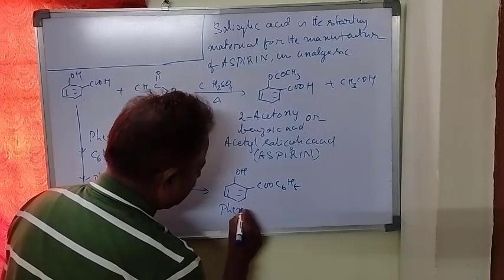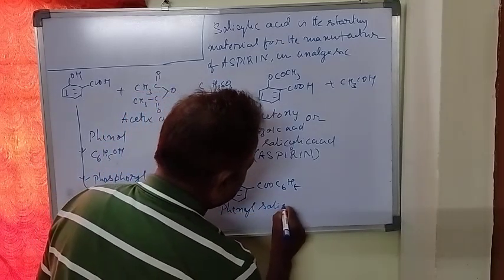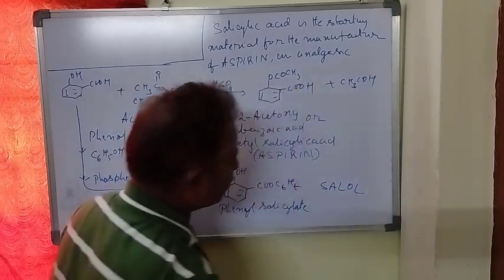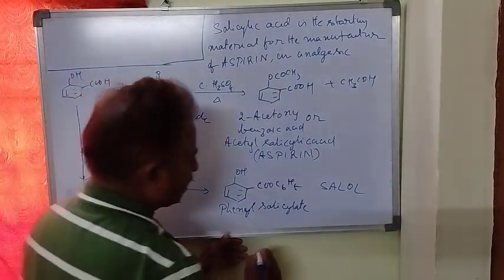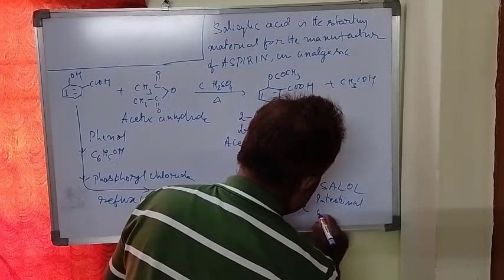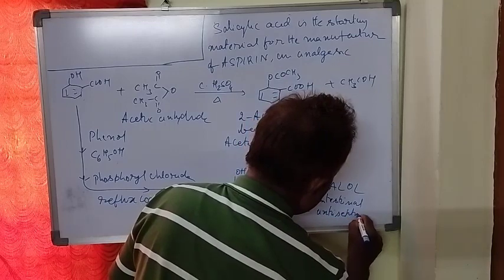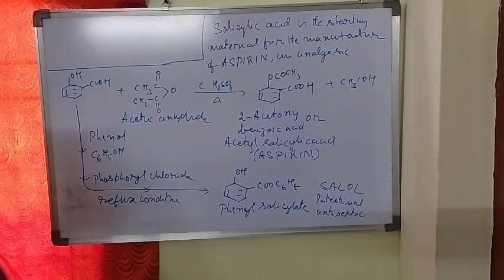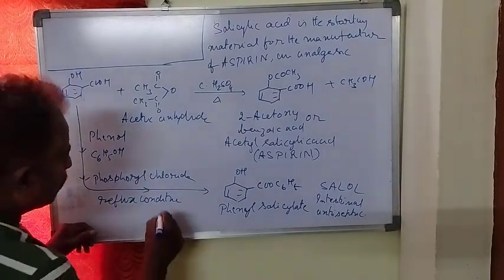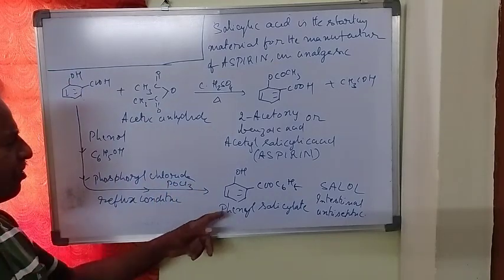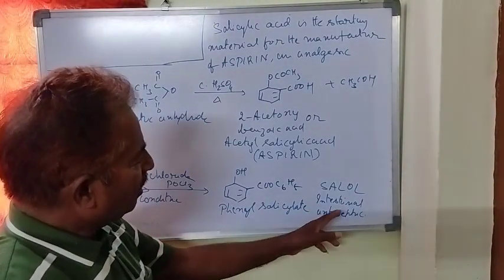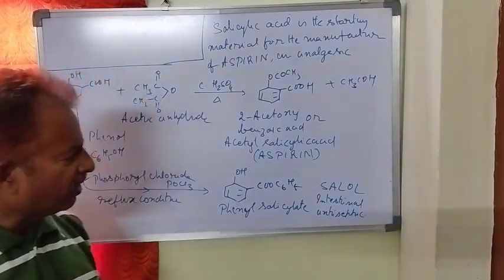This is phenyl salicylate. It is known as salol. Salol is an intestinal antiseptic. So here salicylic acid is treated with phenol in the presence of phosphoryl chloride, POCl3, under reflux conditions, and we get phenyl salicylate. Phenyl salicylate is used as an intestinal antiseptic, which is commonly known as salol.